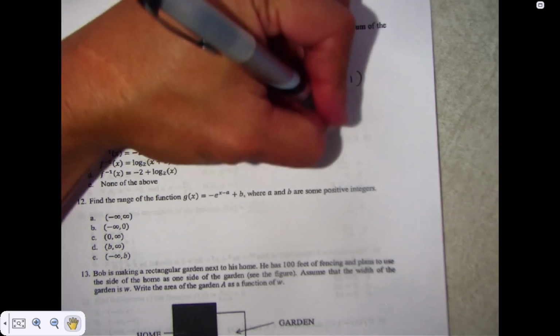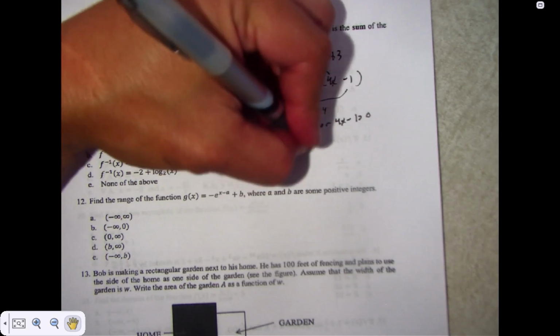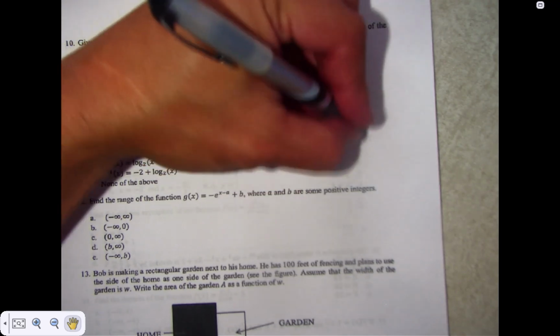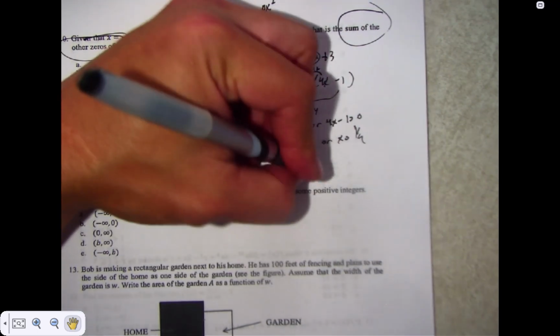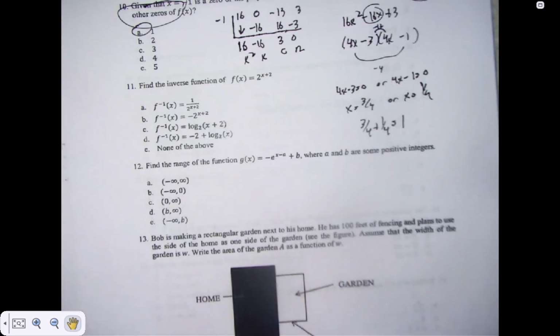So 4x minus 3 equals 0, or 4x minus 1 equals 0. So x is going to be 3/4, or x is going to be 1/4. And I want the sum of the other zeros. So 3/4 plus 1/4 is 1. Perfect. You guys ought to do really good on problems like that.